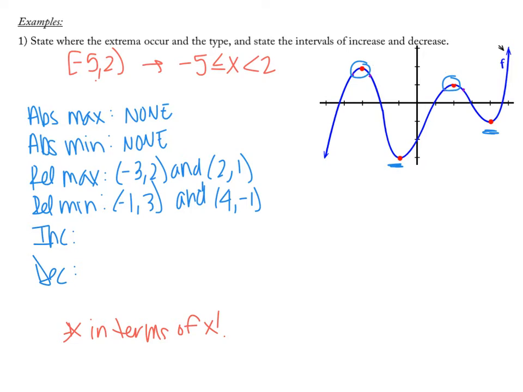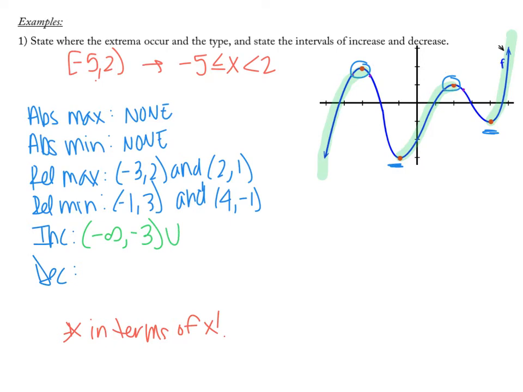So let's first identify where the graph is increasing. So increasing up to this point, then we have another section here, and then the third piece there. So in interval notation, we're coming from negative infinity to -3, and these are going to be open brackets because at the max and the mins, we are neither increasing nor decreasing.